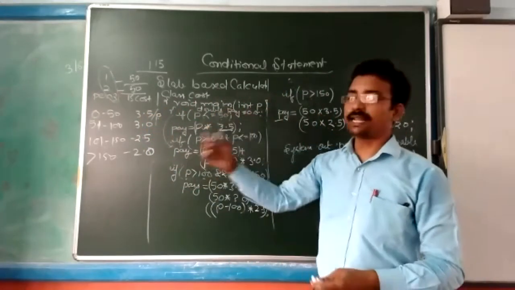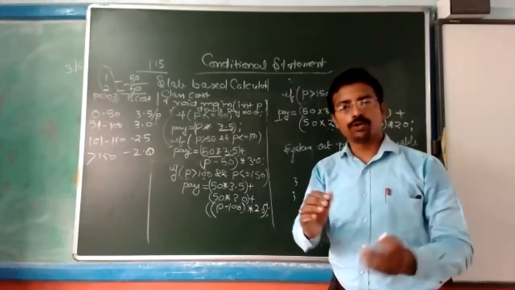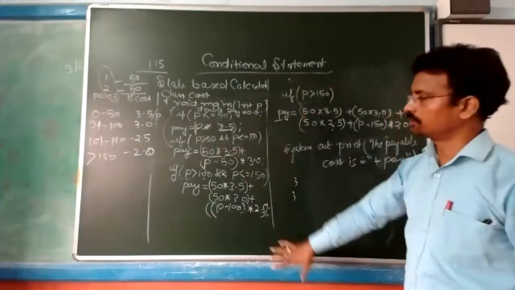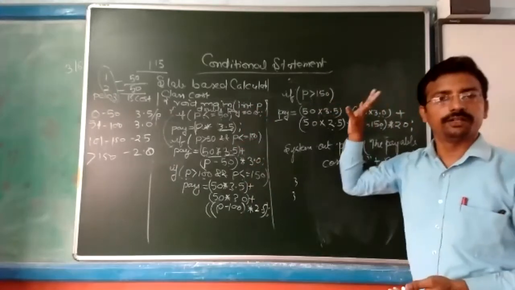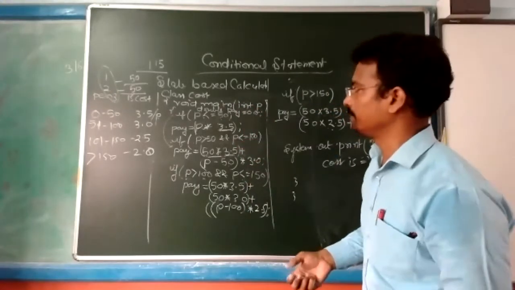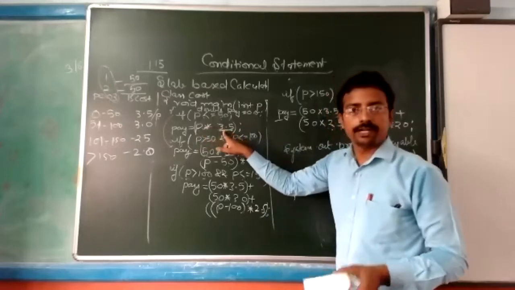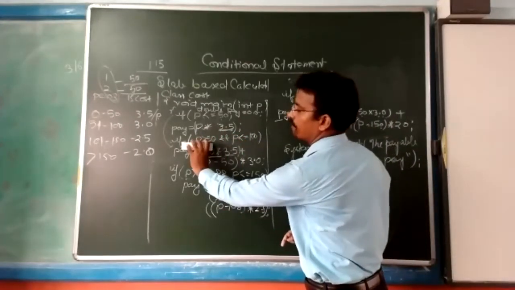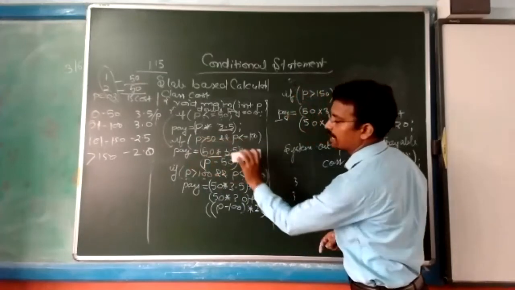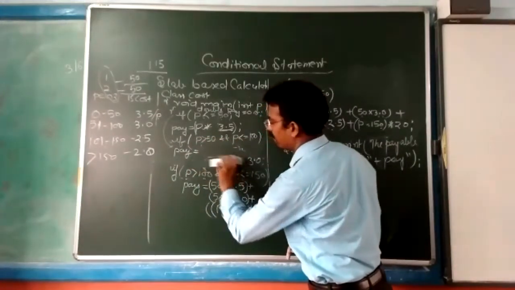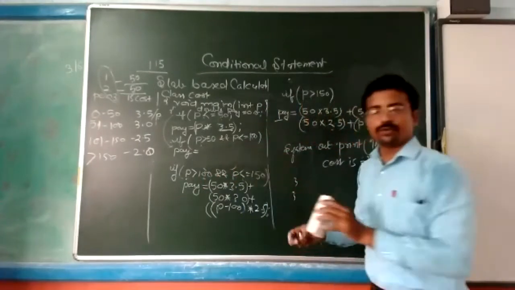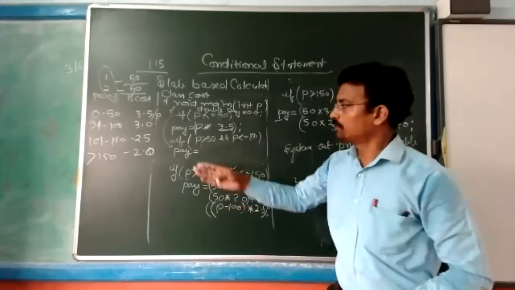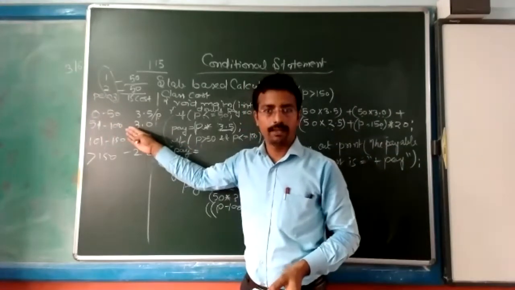Suppose the same question is written like this. Now you know all conditions will be the same. I am not going to remove any condition. Only what part will be removed? C. This will be the same. The starting condition will be okay. Second condition, if the value of P is more than 50 and less than 100, then the payment you need not break into slabs now. Reason, it is directly coming in one range.